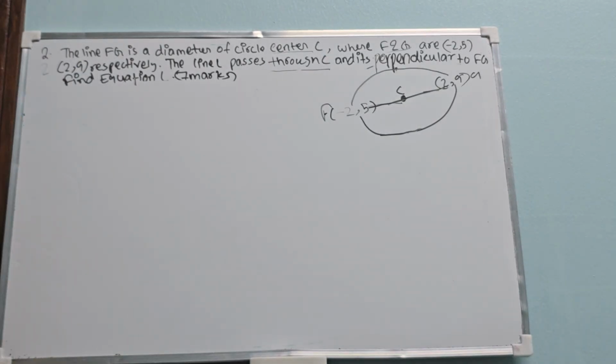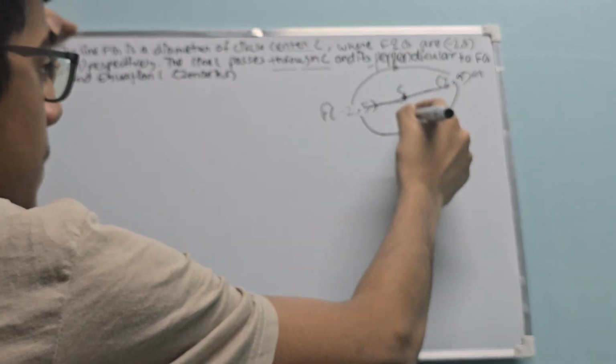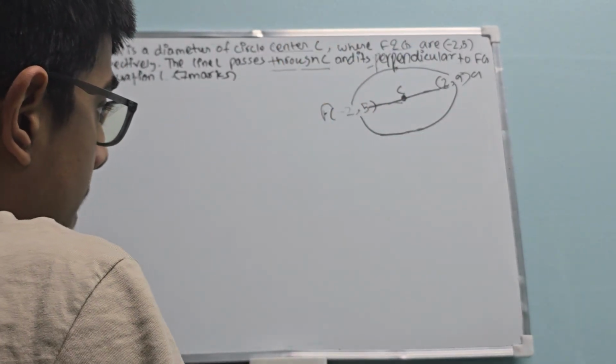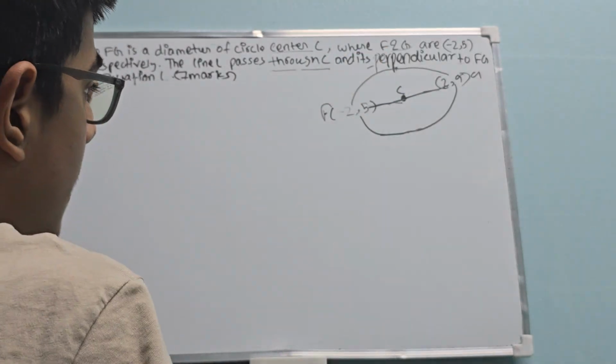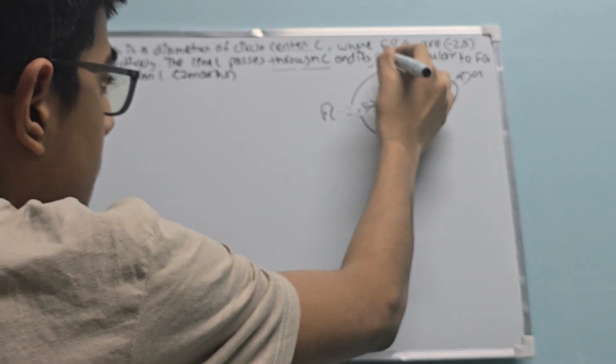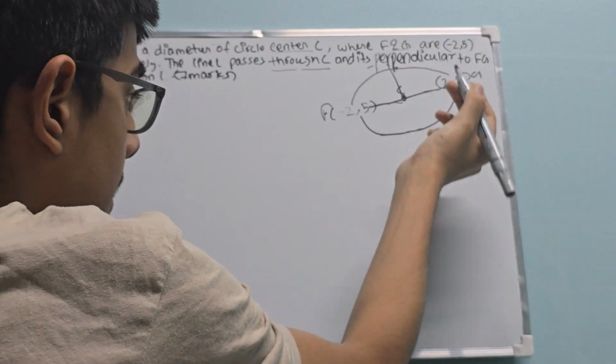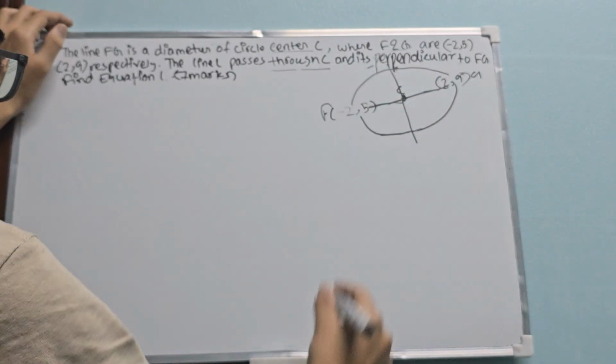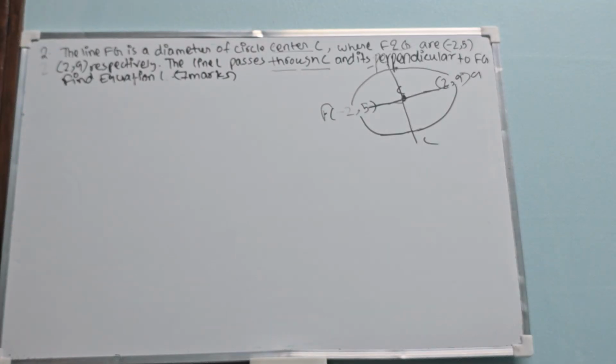Whenever there's a perpendicular, it is going to pass at 90 degrees. So the perpendicular is going to be like this, passing through C, and that is the line L.